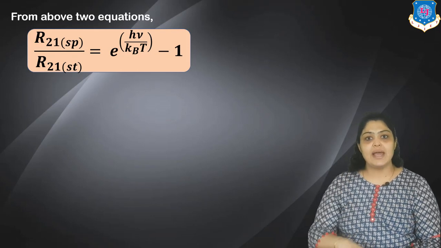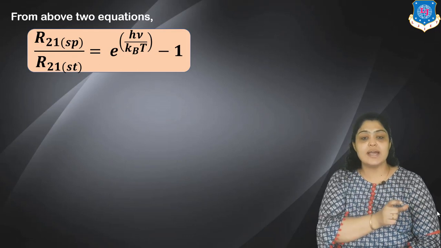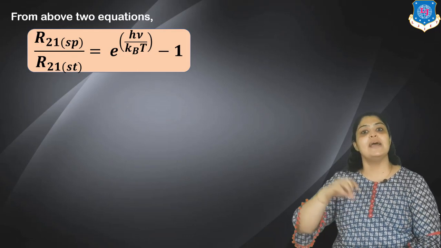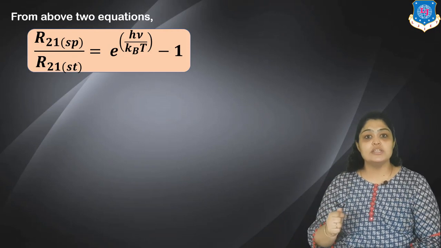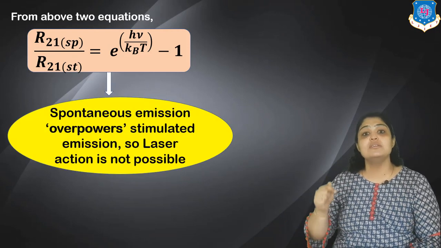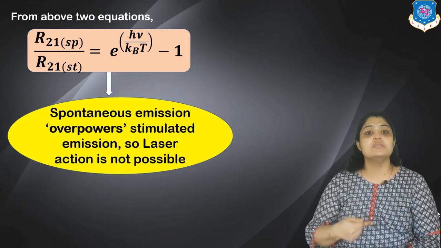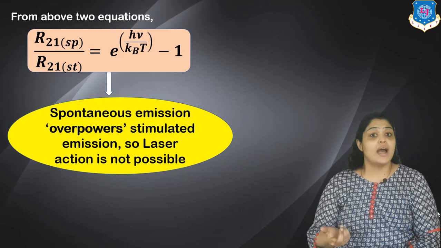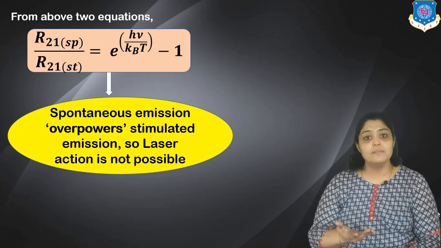Just cross multiply, and you can say that the spontaneous term is on one side and the stimulated term, multiplied by a factor, is on the other. From this equation I can say that spontaneous emission is overpowering, that it is more than stimulated emission. But then how will I get laser? Because for laser, stimulated emission is required.